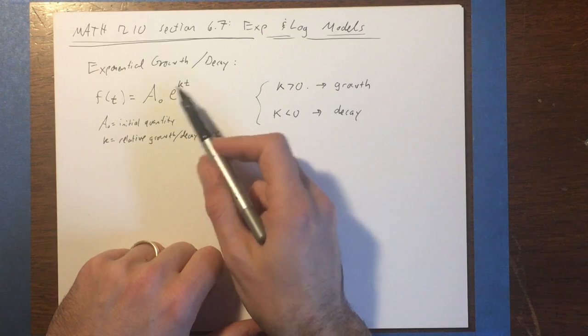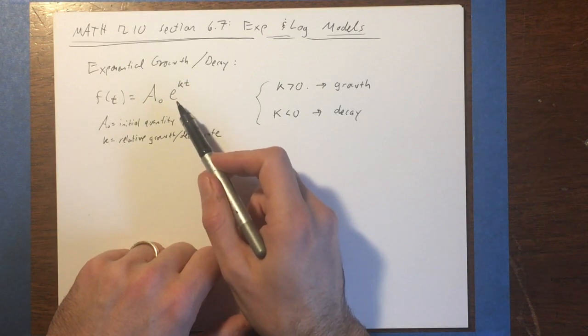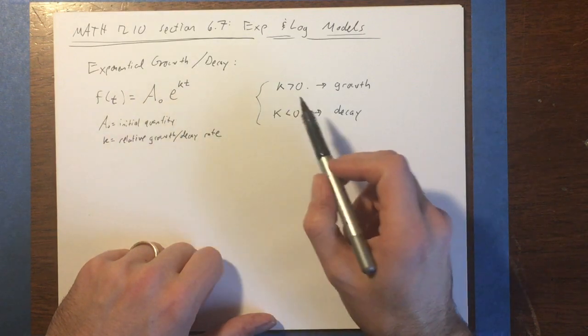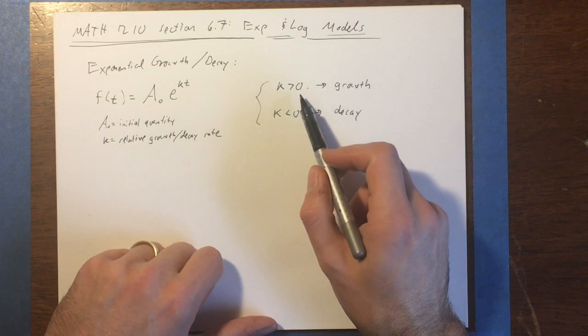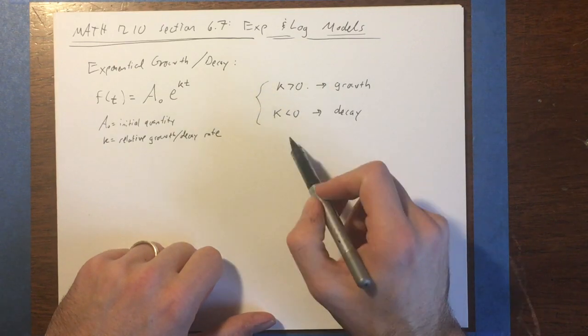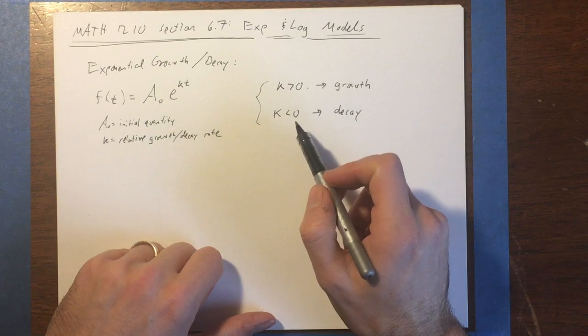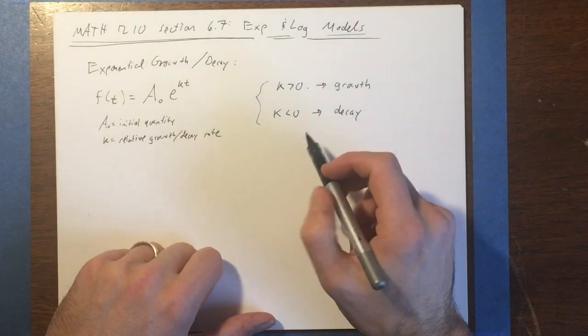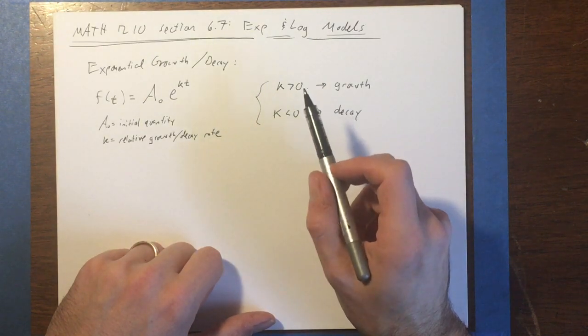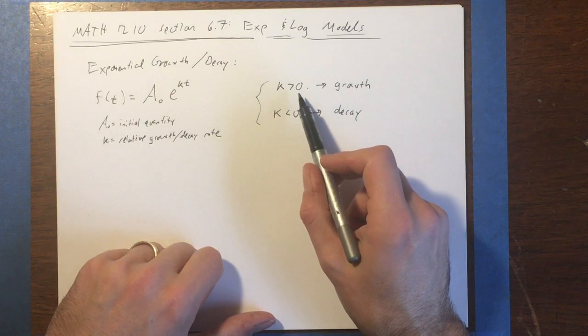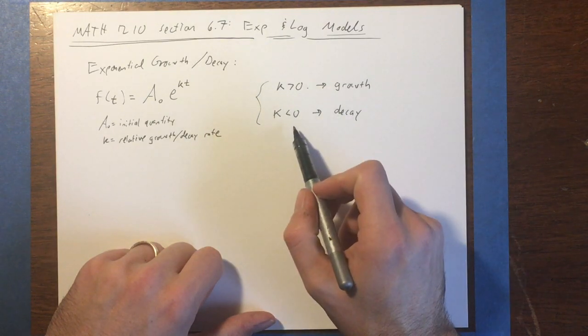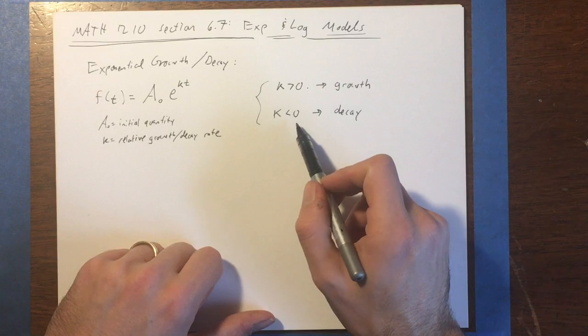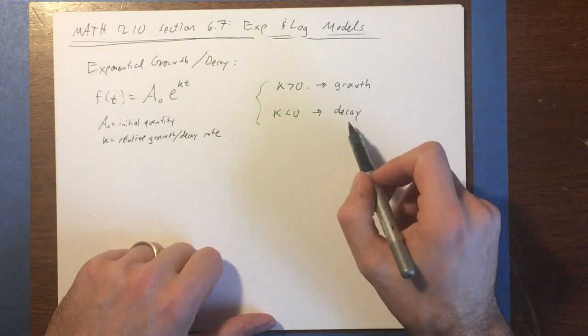But e to the k would be the base of this exponential function. If k is a positive number, e to the k is going to be bigger than 1. But if k is a negative number, e to the k is less than 1. A positive k is growth, and a negative k value giving us an e to the k less than 1 would be decay.